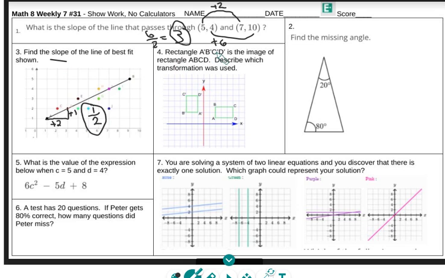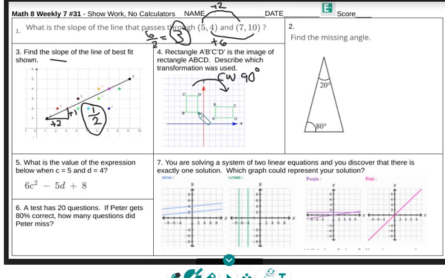For the rectangle A'B'C'D', the image of rectangle ABCD, which transformation was used? Basically we need to figure out whether we're going to slide it, flip it, or rotate it. To me, it looks like they rotated it this way, which would be a clockwise rotation, and that would be approximately 90 degrees.